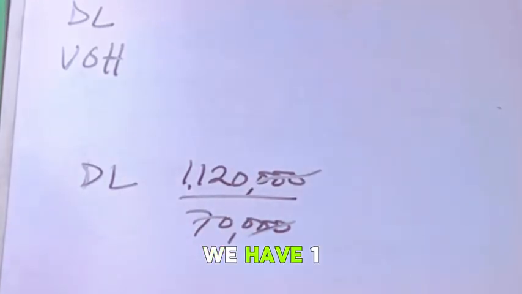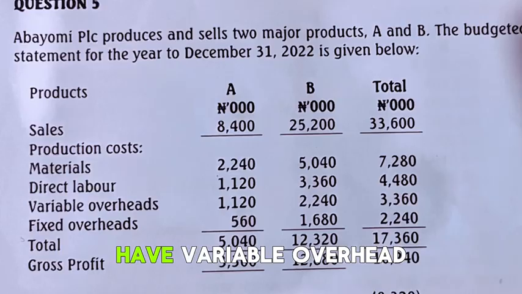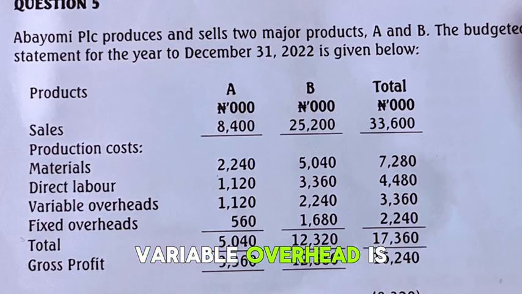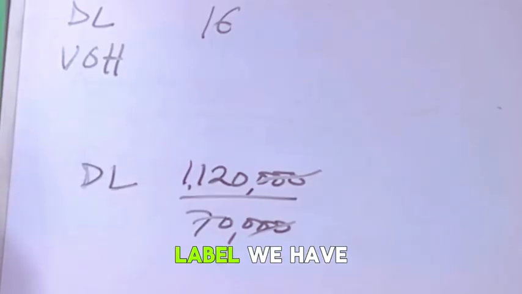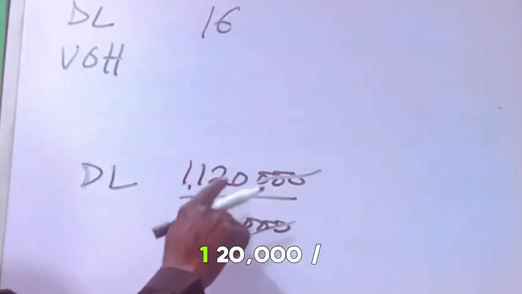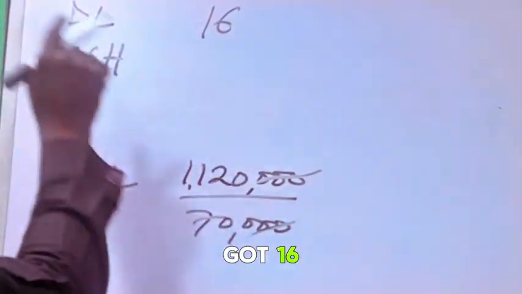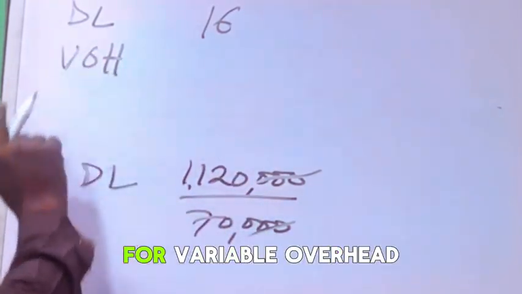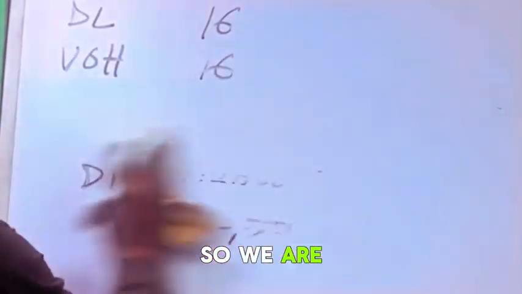We have 1120 divided by 70, which will give us 16. This is giving us 16. Now go and look at your variable overhead. What do we have? Variable overhead is next. Variable overhead is also 1,120,000, just like the direct labor we have. So it means it is 1,120,000 divided by 70. So if we did it for direct labor and got 16, it means it's the same figure for variable overhead. So this will give us 16. Good. So we are done with A.